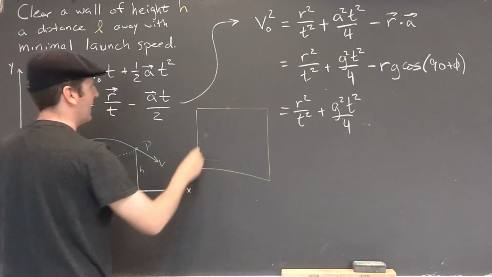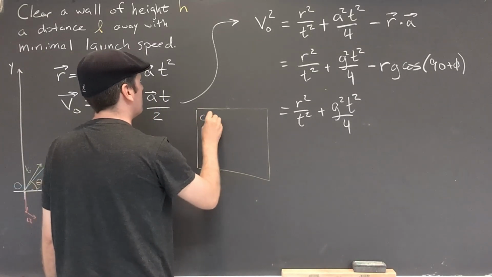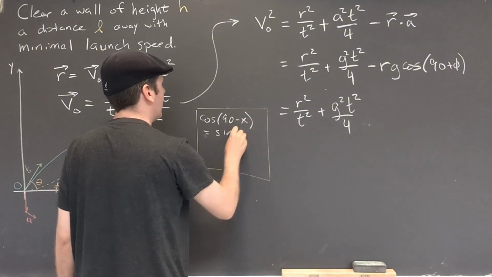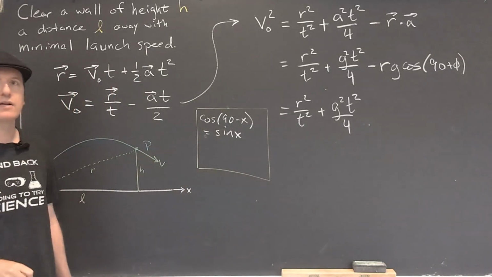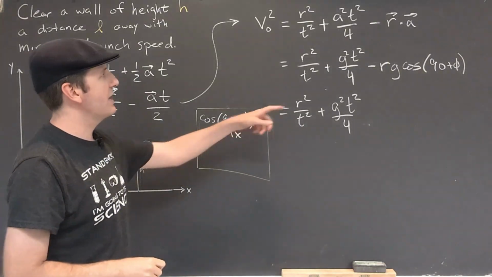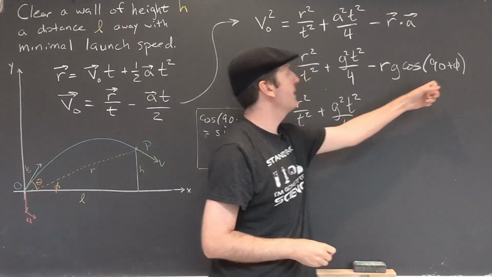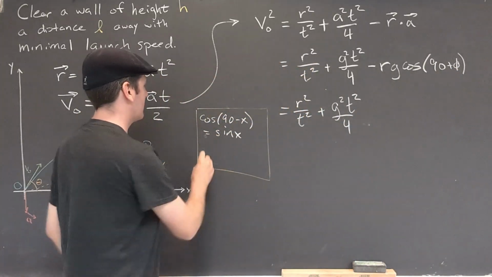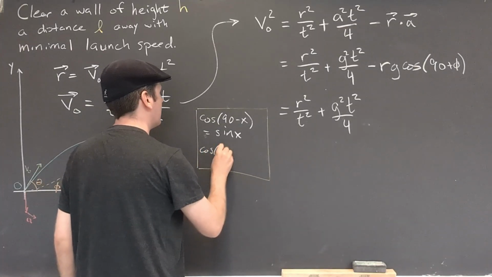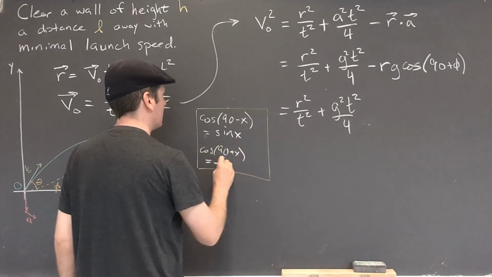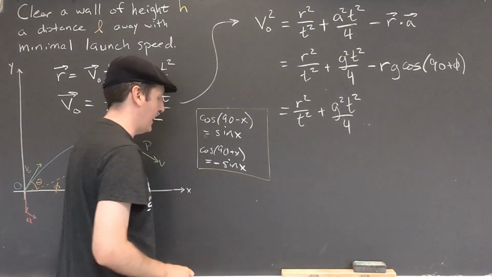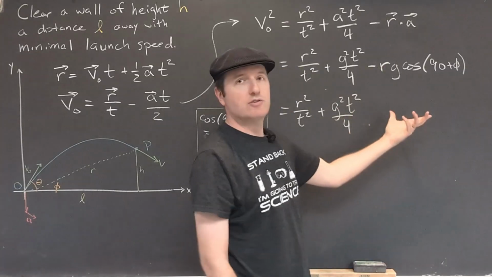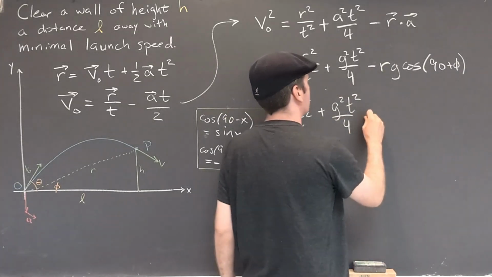I always remember it as cosine of 90 minus x equals sine of x, and vice versa with sine and cosine interchanged. I don't actually have a minus sign here, I have a plus sign. So when I do this substitution, I'm going to have sine of negative x, and that tells me that cosine of 90 plus x is actually negative sine x.